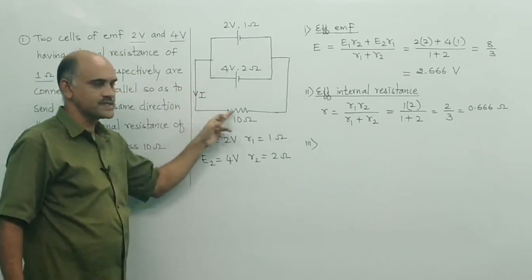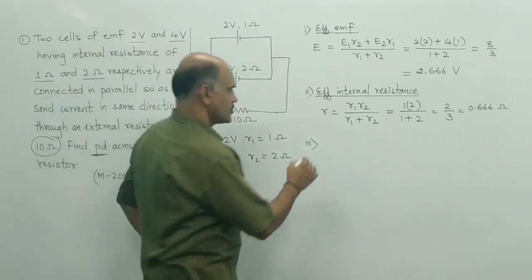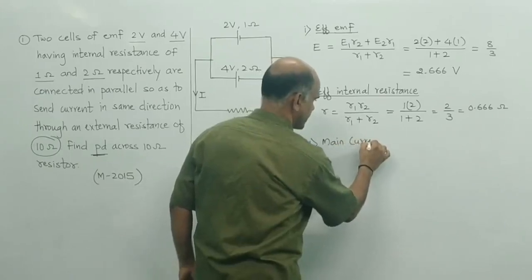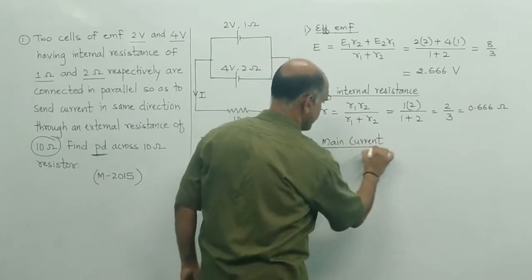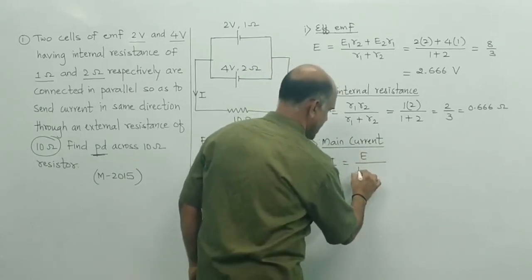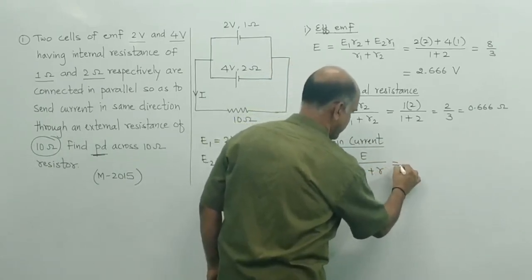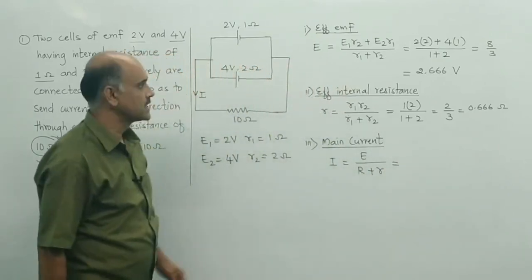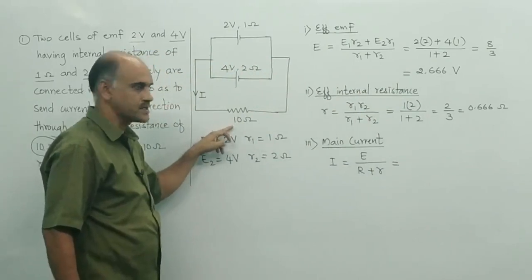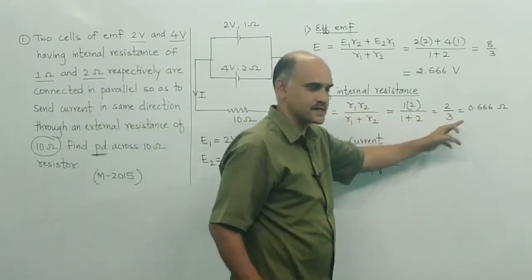Third step, find main current, that is I, the current passing through this external resistance. So I is equal to E divided by R plus r. Now substitute. E is 2.666, capital R is 10 ohms, small r is 0.666.